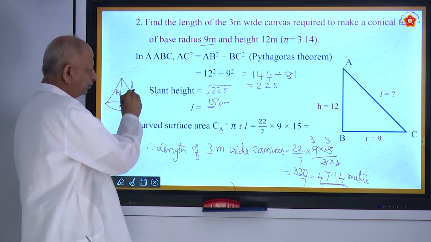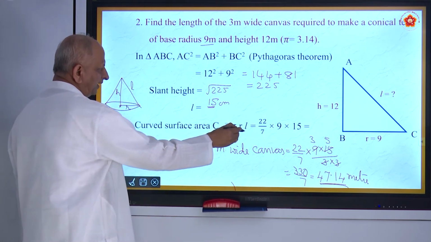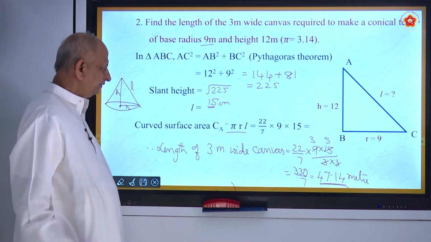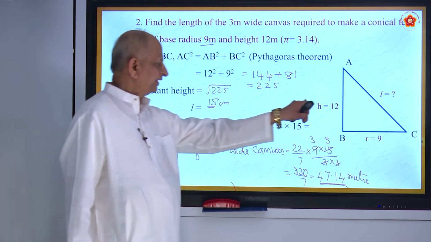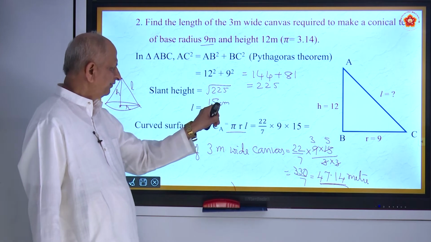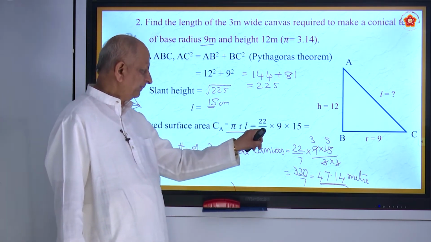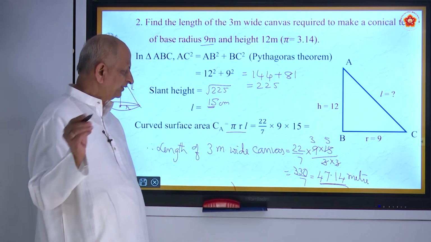Followed? So you have found out L. Formula is pi RL. So for that formula we have to find out L first. You are given with H and R. Use H and R by Pythagoras theorem. Find out L. Then you apply the formula pi RL. And you get a canvas area.